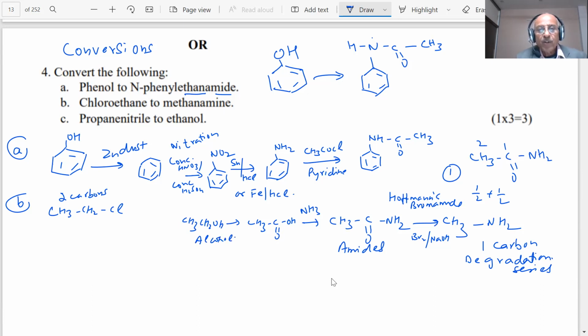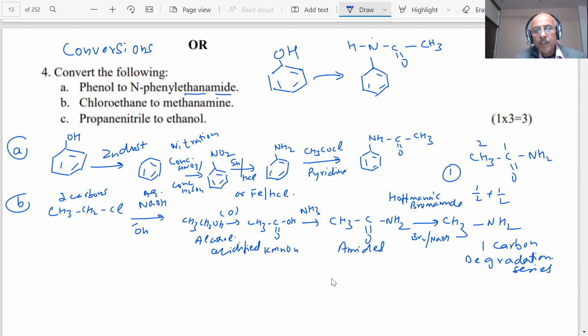If I have alcohol, students, I can oxidize the alcohol. Oxidation of the alcohol to carboxylic acid, acidified KMnO4 can be used. Now, how will I get alcohol from this? Again, I know if I have aqueous NaOH, nucleophilic substitution reaction, OH minus nucleophilic substitution reaction.